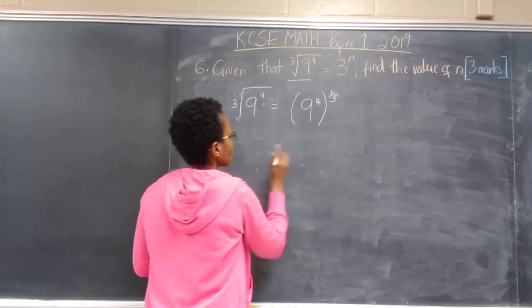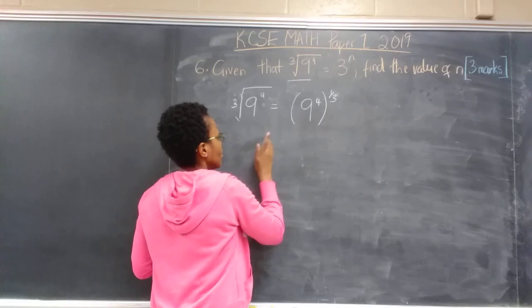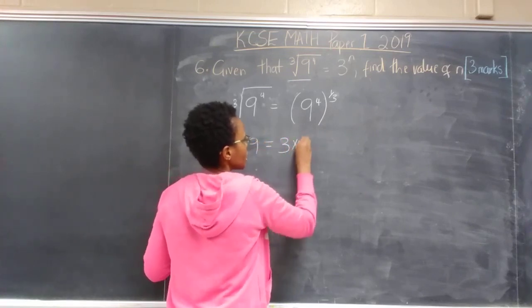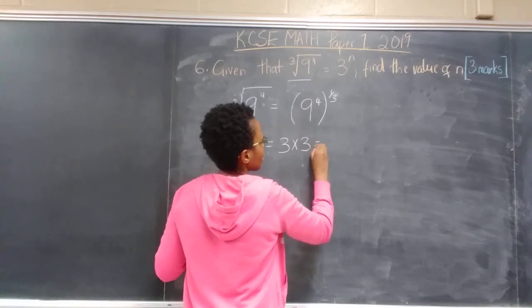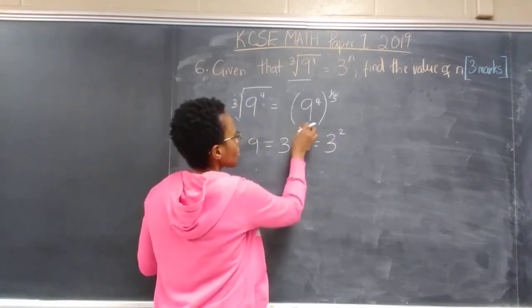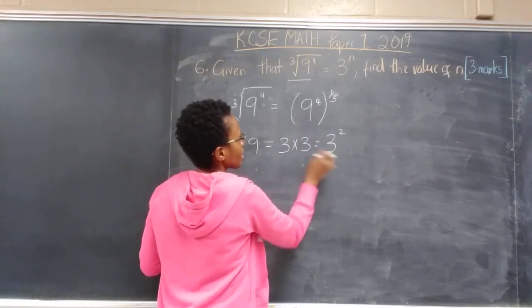Yes, we can do that because we know that 9 is equivalent to 3 times 3, and that is essentially 3 squared. So 3 squared is the same as 9. We can rewrite this by replacing 9 with 3 squared.